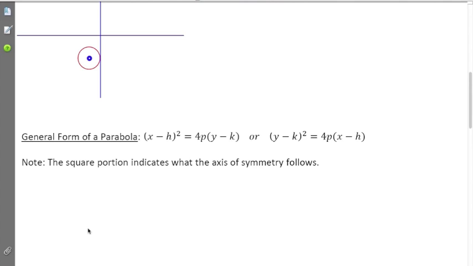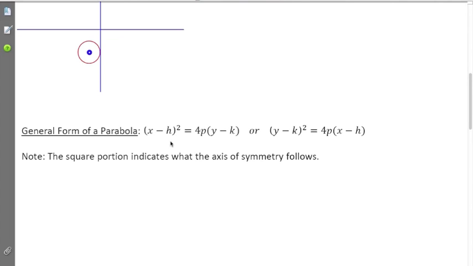The only thing you have to do is you switch out a with 1 over 4p. Now we don't have that written here, but you can get the idea, and this works just the same. I get the squared term all on one side equal to 4p times the y minus k value.